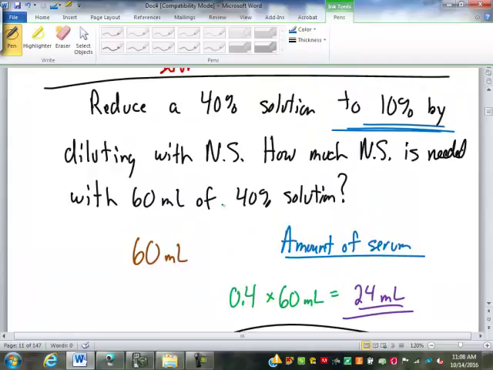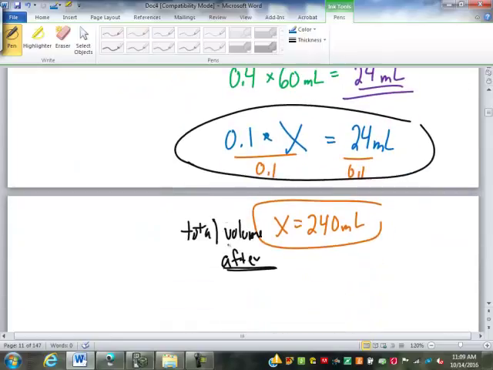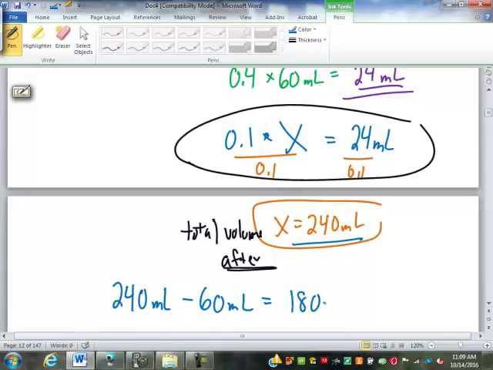I had started with 60 milliliters. So you get from 60 milliliters to 240 milliliters. 240 minus 60, that means I added 180 milliliters of neutral solution, of normal saline.